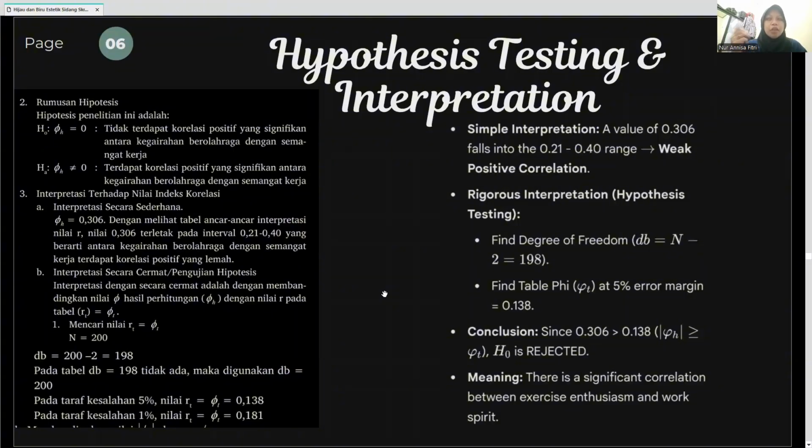Since we have 200 respondents, our degree of freedom is 198. If we check the statistical table at 5% in the picture, we have the final conclusion. It means we have scientifically proven that there is a significant positive correlation between exercise enthusiasm and work spirit.